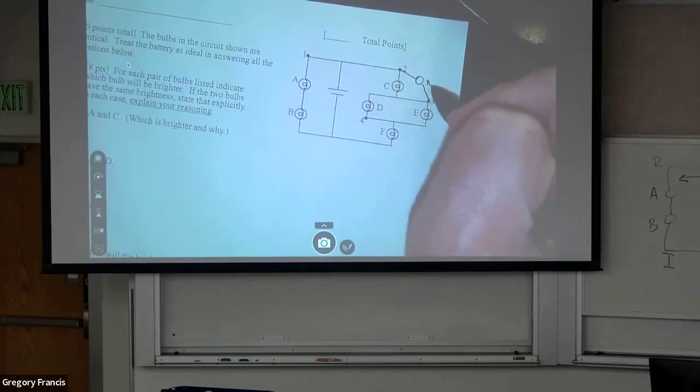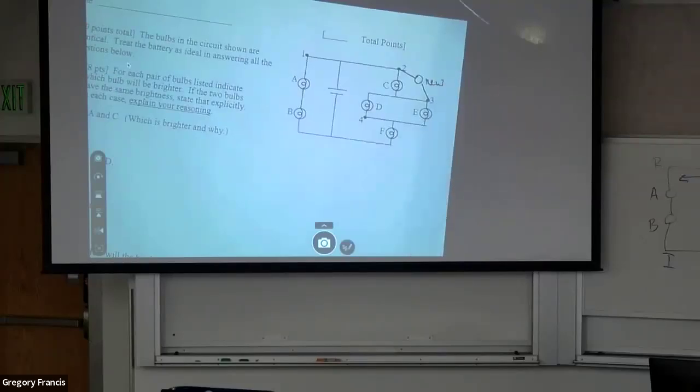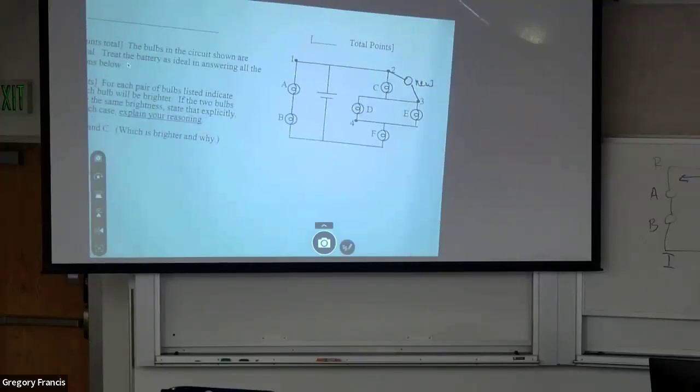That's going to be the new one. Such that the bulb is in parallel with bulb C. So, what's going to happen to bulb F? Tell your neighbor real quick. What's going to happen to bulb F? Get brighter, dimmer, or stay the same?